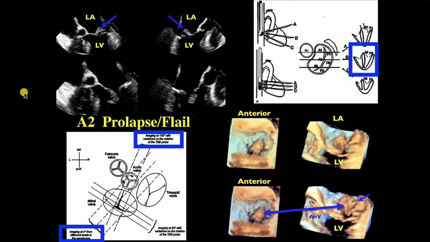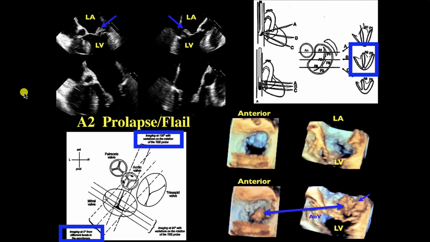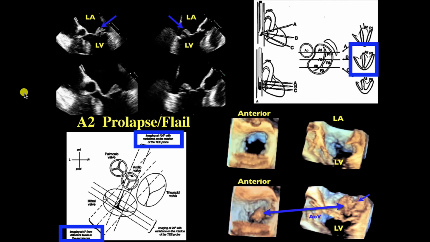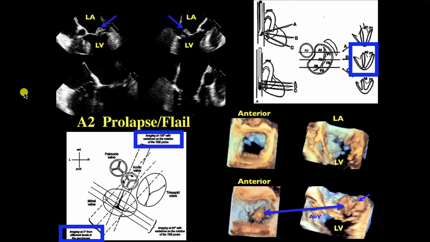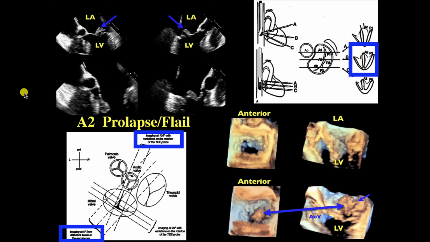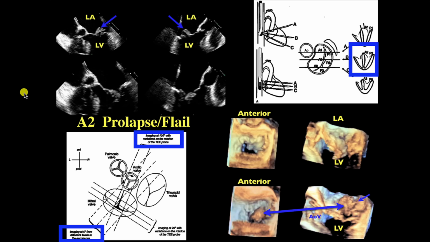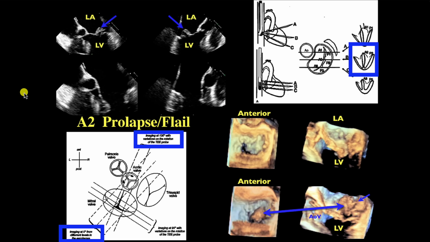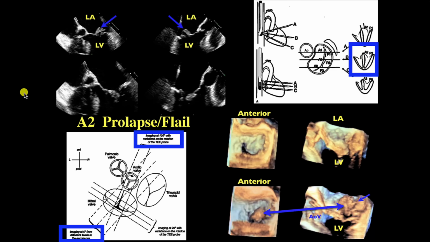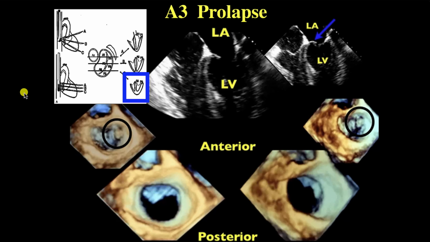And again, depending on how you rotate the probe or advance the probe, your two-dimensional view will show different things. And the two-dimensional view typically has a higher frame rate, which is very, very important for your assessment. The three-dimensional view gives you a bigger picture. As processors get better, the frame rate for three-dimensional imaging will be significantly better.